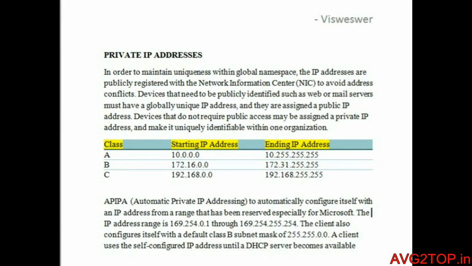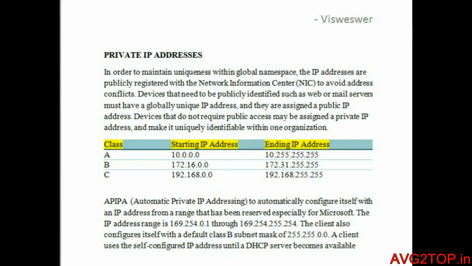APIPA. We know that DHCP, the Dynamic Host Configuration Protocol, in the server is the one which gives IP addresses to all the computers or devices within the network.